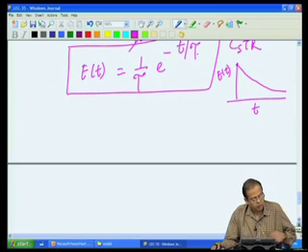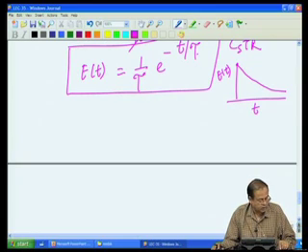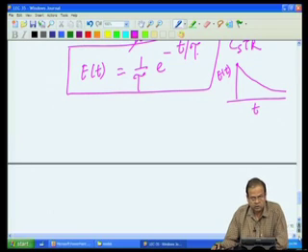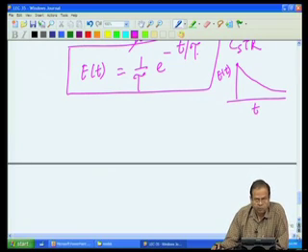Now, for a plug flow reactor, if we do a similar analysis, what do we expect will happen?